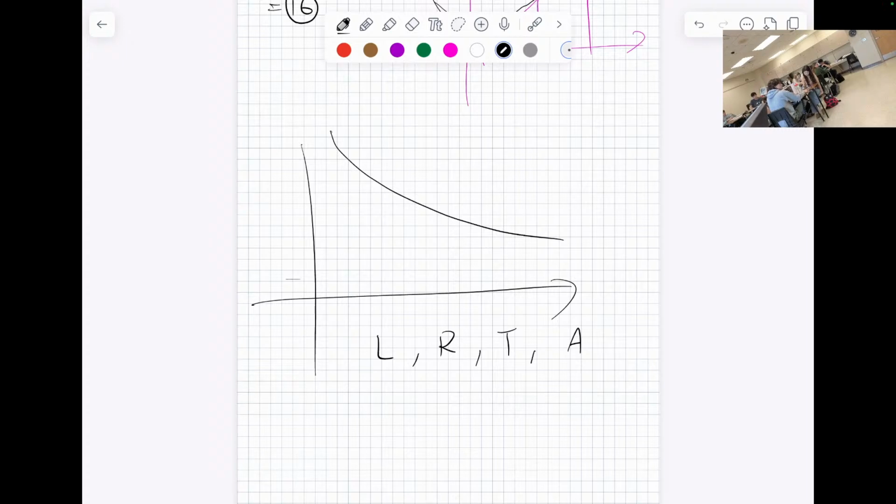I want you to rank them from the smallest to the biggest. A stands for actual, T stands for trapezoid, left stands for left approximation, right stands for right approximation. Which one is going to be the smallest to the largest, in order?